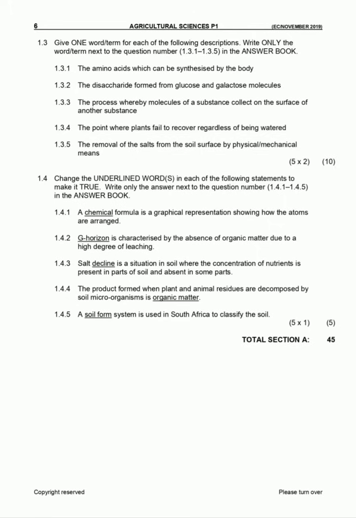So let's look at this one. The dash formula, I'm saying the dash formula because that chemical formula is the wrong one there. So we don't want it there. Is a graphical representation showing how the atoms are arranged. So how are the atoms arranged? What is the graphical representation? So obviously the structural formula.